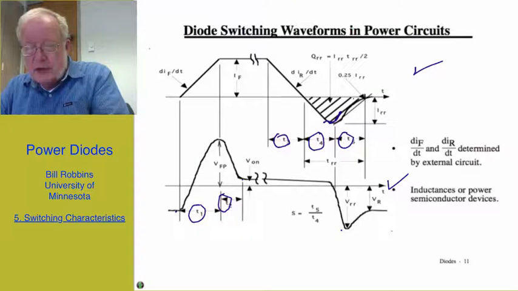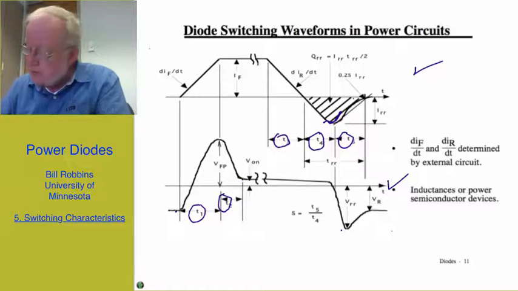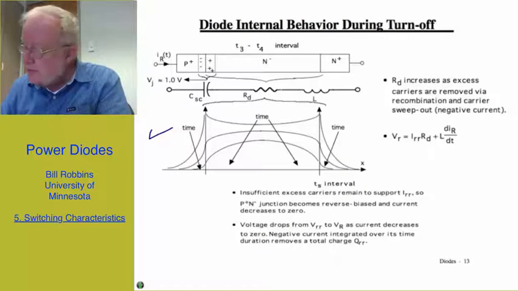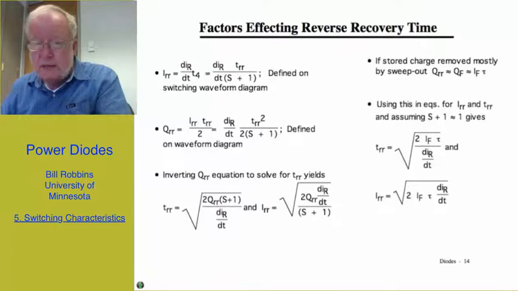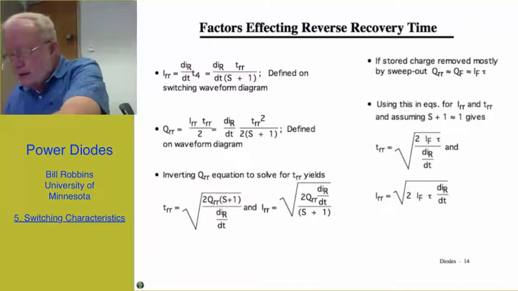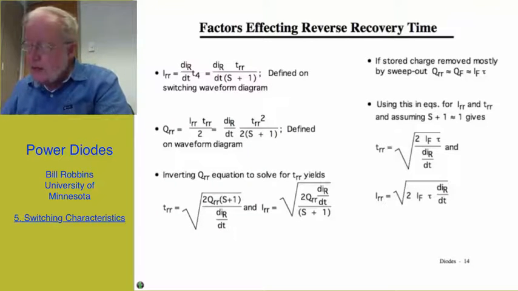That's the total area under the current curve during the reverse recovery time, and we approximate it as a triangular shape so that Q sub RR is I sub RR times T sub RR divided by 2. We can make use of this to make some quantitative statements about what factors determine the reverse recovery time and current.